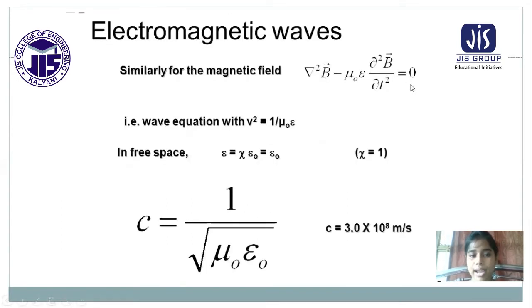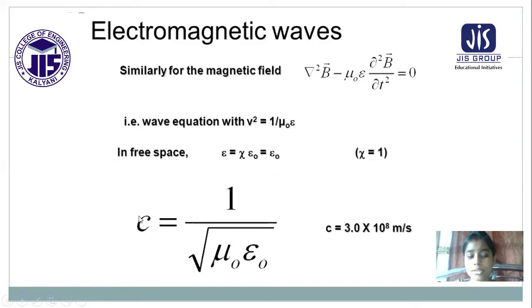This is about electromagnetic waves. This equation we already proved: nabla square B, where B is the magnetic induction, minus mu naught epsilon del square B by del T square equals 0, the wave equation with velocity equal to 1 by root over mu naught epsilon. In free space, epsilon equals epsilon naught, because the relative permittivity chi equals 1.